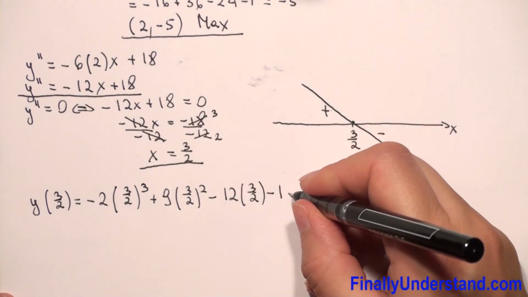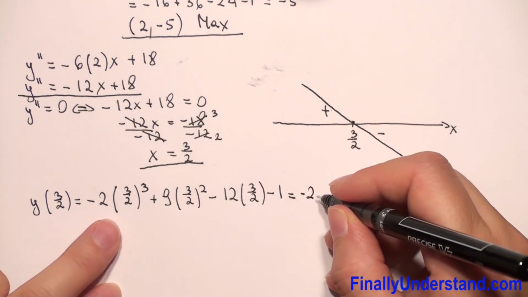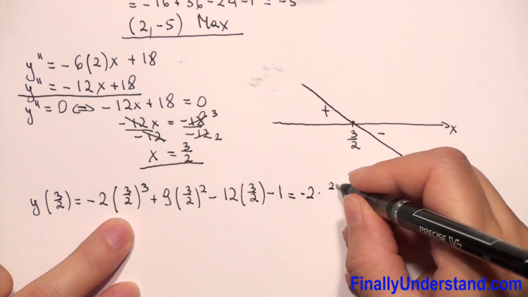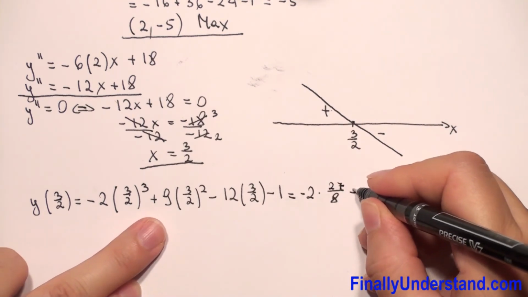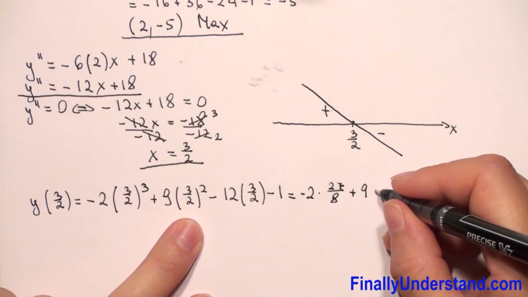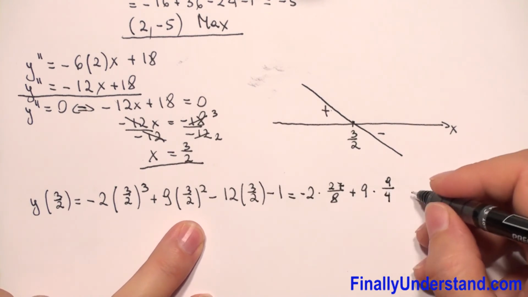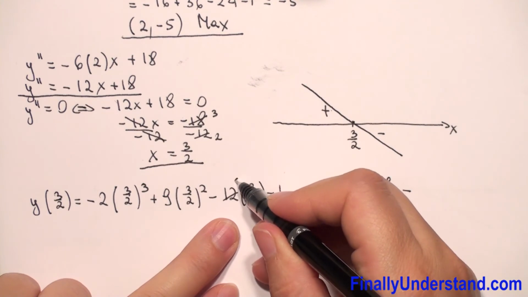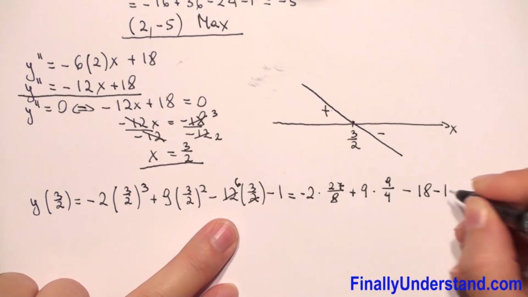So this is equal to negative 2, we just copy, 3/2 to the third power is 27 over 8, plus 9 times 3 over 2 to the second power, which is 9 over 4, minus 12 will reduce with 2, so it will be 6 times 3 is 18, minus 1.